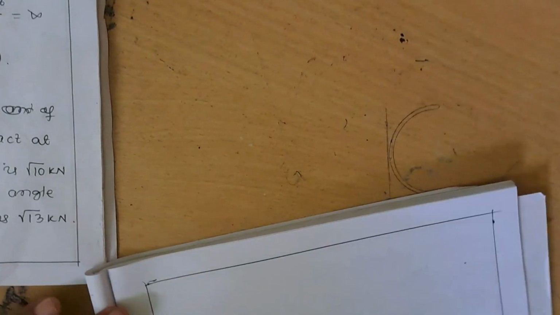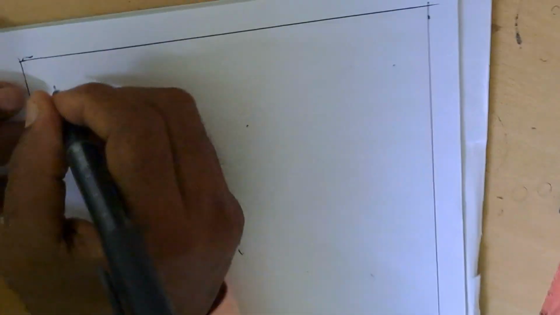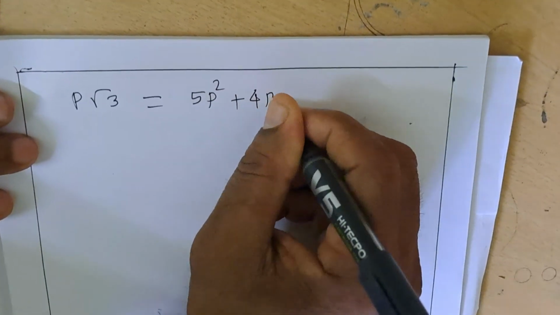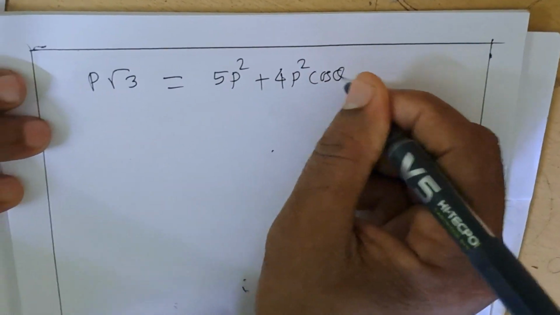Now, P root 3 is equal to root over 5P square plus 4P square cos theta.